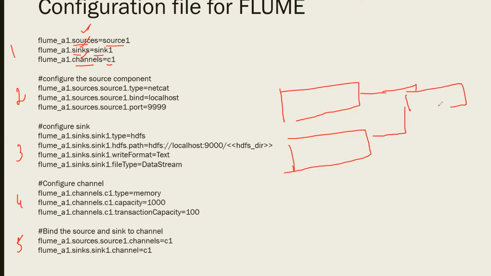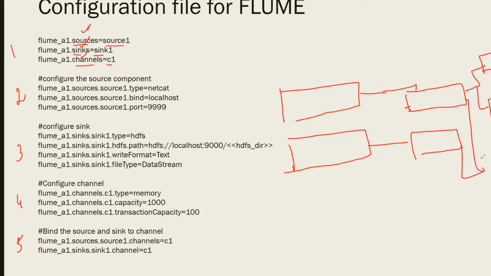These two sources can be sent into one channel, and from there it can be drained into multiple sinks. These are little advanced areas. You don't have to go so detailed, but just understand that this is possible. Similarly, I can also have multiple channels, and both can drain into one single sink.